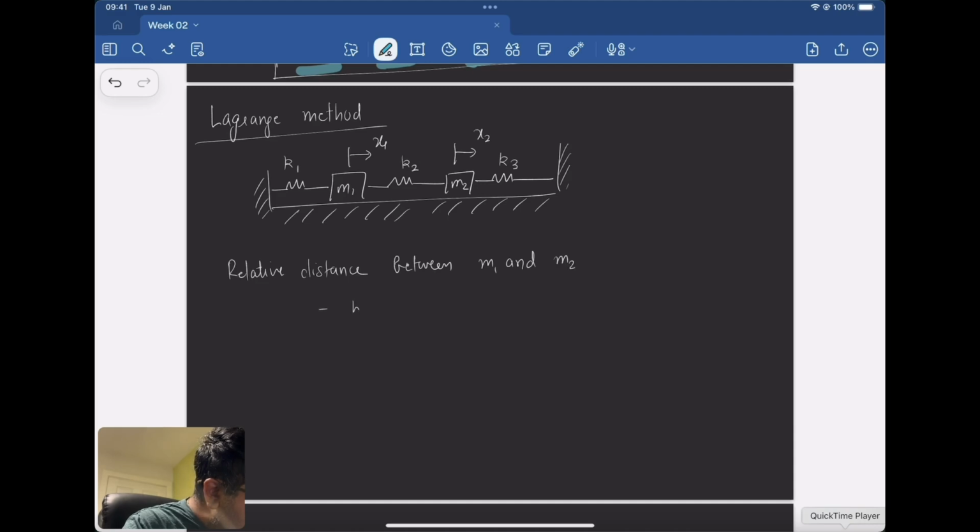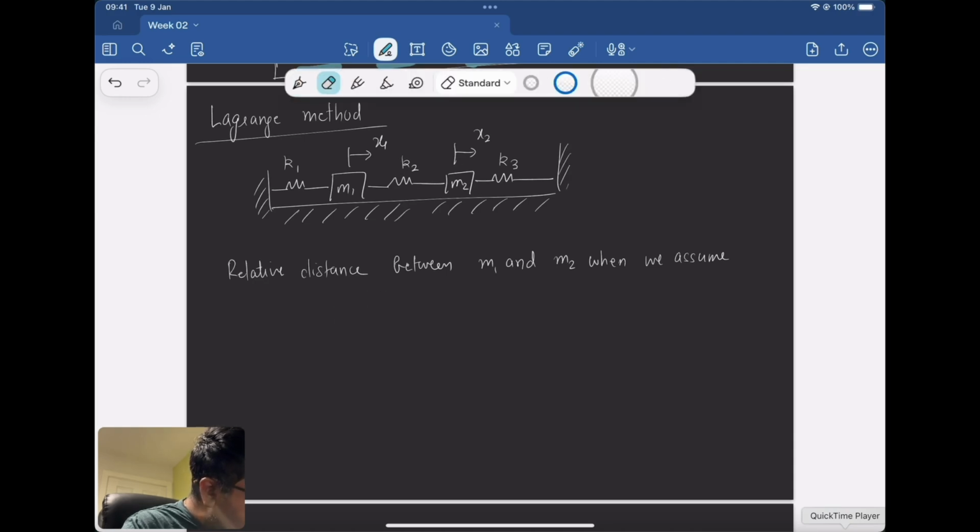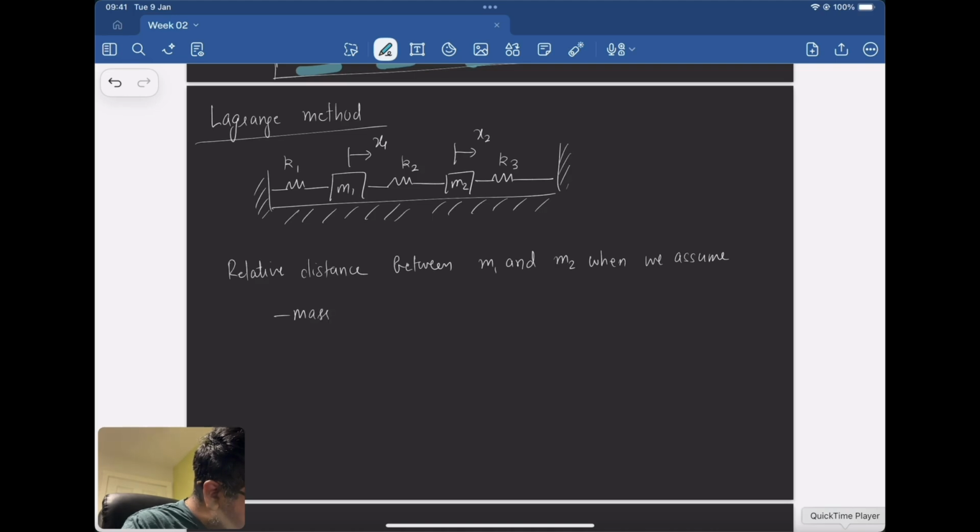Assume M1 has moved by a distance of x1, and mass M2 has moved by a distance of x2.